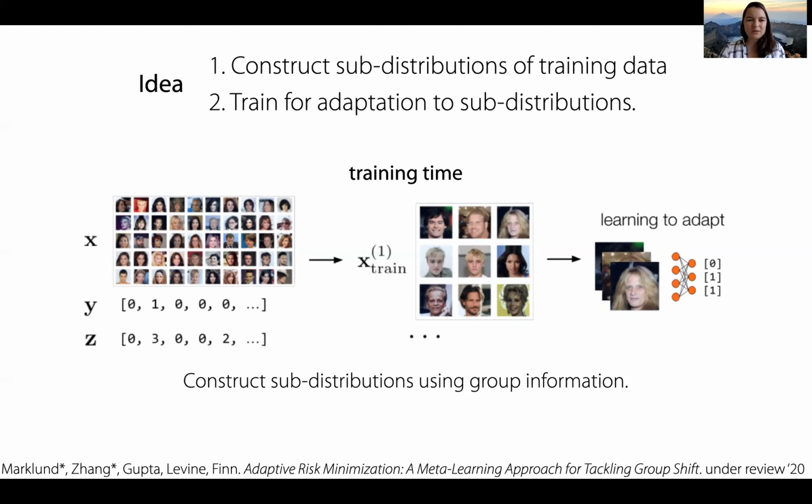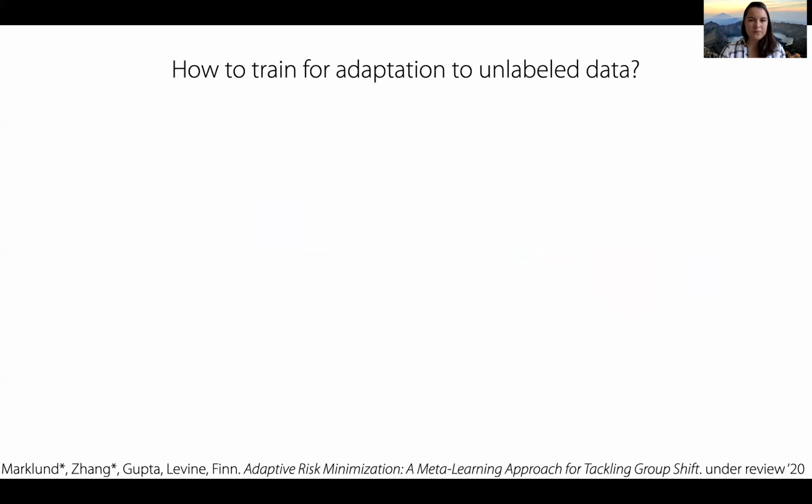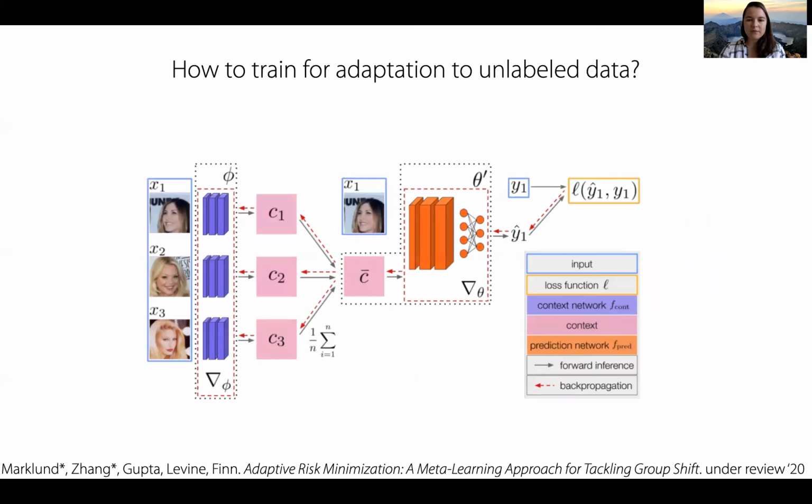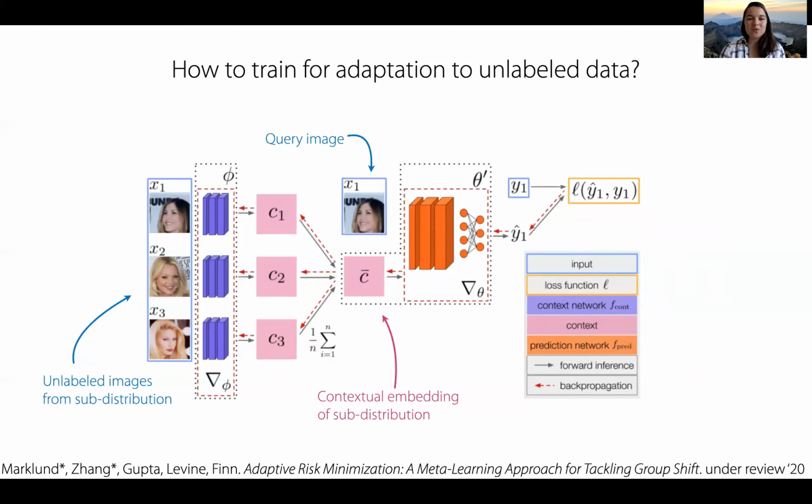So how does this actually work from a more mechanistic, low-level point of view? Instead of using a gradient-based meta-learner, we're going to use what's called a contextual meta-learner. The reason we want to do this is that the data that we're adapting to is completely unlabeled, so it's difficult to figure out how you'd adapt with gradient descent to unlabeled data. In particular, we'll consider the unlabeled images from our sub-distribution. We'll then pass that into a neural network that computes a contextual embedding of that sub-distribution. Then we'll take our query image that's also from that sub-distribution, and pass that into another neural network to make a prediction y hat.